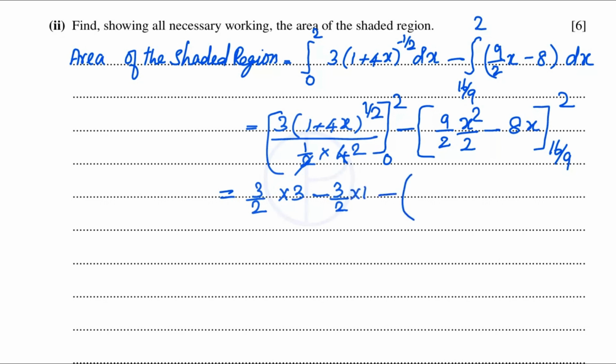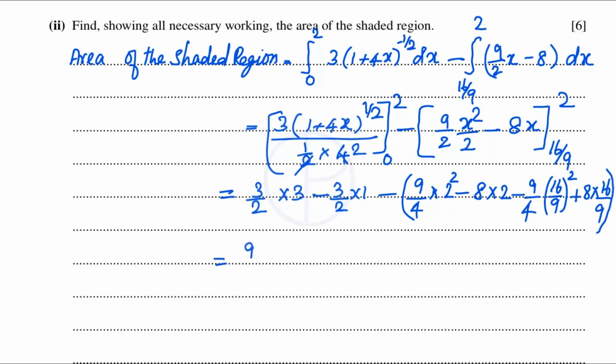Minus, this is 9 over 4 multiplied by, let's substitute the upper limit 2, so we get 2 square, minus 8 multiplied by 2. Minus, let's substitute the lower limit: 9 over 4 multiplied by 16 over 9 the whole square, and minus into minus plus 8 multiplied by 16 over 9. Let's close the bracket here.